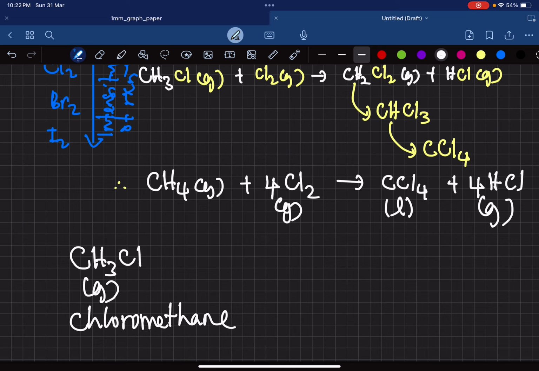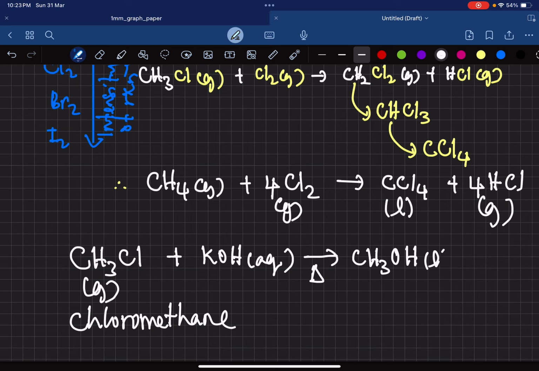If we take chloromethane and react it with aqueous potassium hydroxide, we mix it together and heat it up a little bit, you end up getting an alcohol. This alcohol is called methanol. And then what are you left with? You're left with this and this, so you end up getting KCl, aqueous.